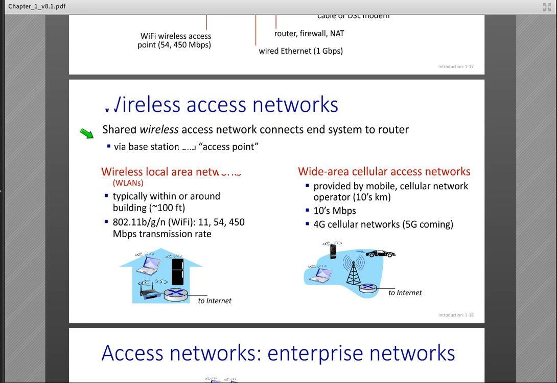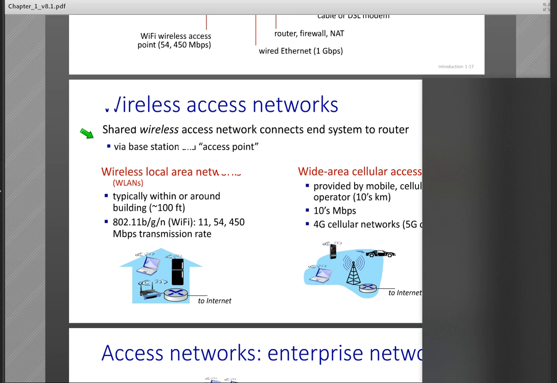We call it shared because I can use that medium, and at the same time you can use it too, and a third person can use it too. Most of the time this medium is air, though we have some wireless networks underwater, for submarines and ships.